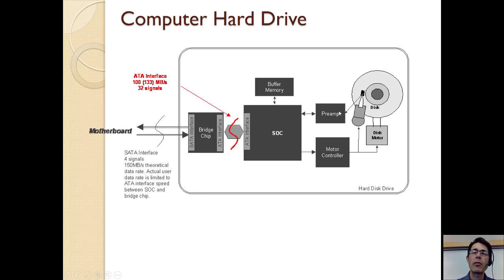So that preamp is there to amplify that and eventually convert that into useful digital information. And then you've got some interfaces to bring it out to the main computer onto the motherboard. So again, it's another example of a mechatronic system.